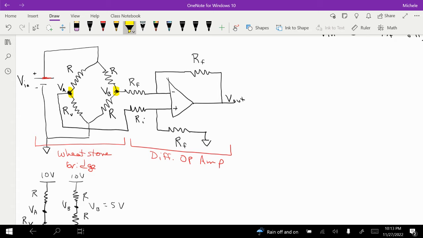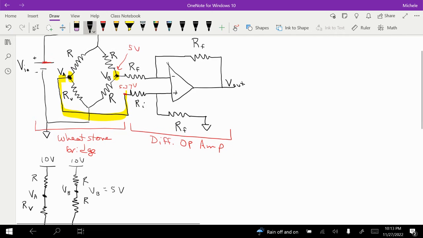So looking over here, my voltage here, this VB, is 5 volts, and my voltage here connects back over to VA, and so that value is 5.37. Right, so now we can treat this just like a differential op amp.